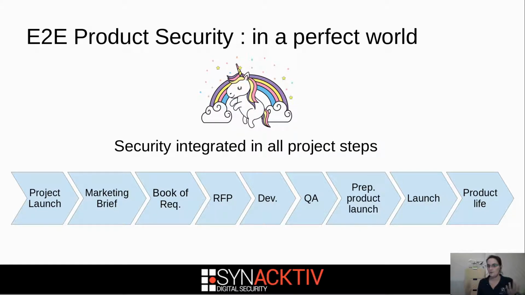You're going to decide to launch a project, you're going to have a marketing brief or a product management brief, which is going to say, I don't know, the product should make coffee, should produce rainbows, should cost no money, should consume no power, etc. You're going to have something that could be called a book of requirements or specification or high-level specification. That's going to describe what it means to be able to make coffee. So you should have somewhere to put the coffee grain, you should have a pressure for the water, you should be able to heat water, etc.